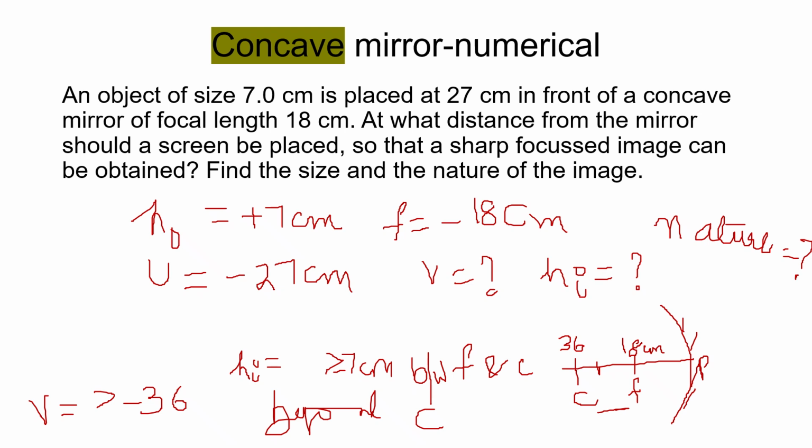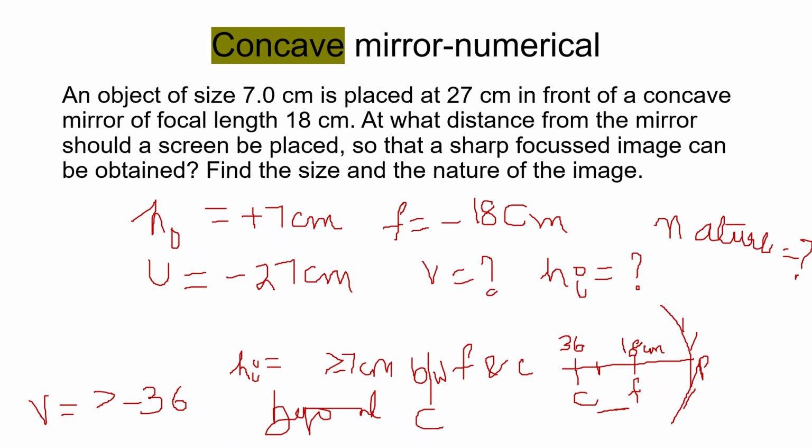So here it is a concave mirror and U is taken as minus 27 centimeter. F is minus because it is a concave mirror, so it is minus 18 centimeter. And you have to find V, that is at what distance from the mirror a screen should be placed so that a sharp focused image can be obtained. And the size of the image is asked, that is HI, and nature is asked.